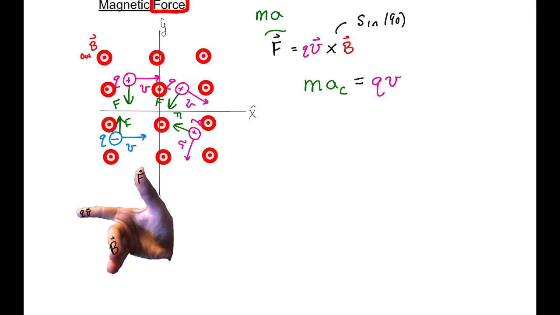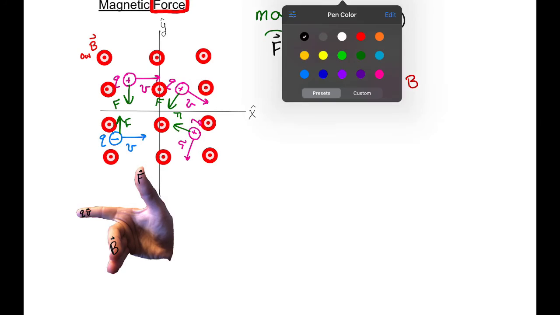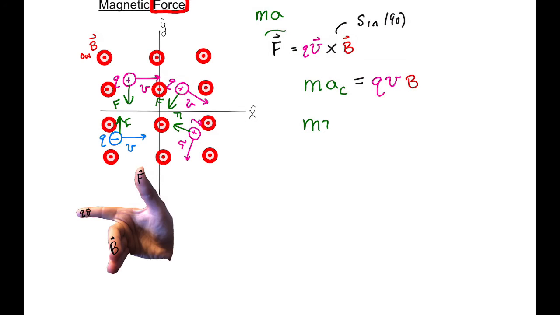That is perfect 90 degrees, so perfect cross product, QVB. Some people write this out further to say that mv squared over r is equal to QVB.